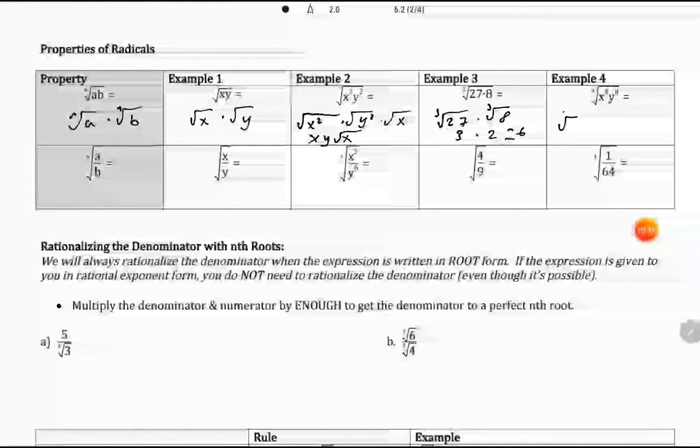That is the same thing as the fourth root of x to the fourth times the fourth root of y to the fourth times the fourth root of y to the fourth. So I get x times y times another y, which is x y squared.